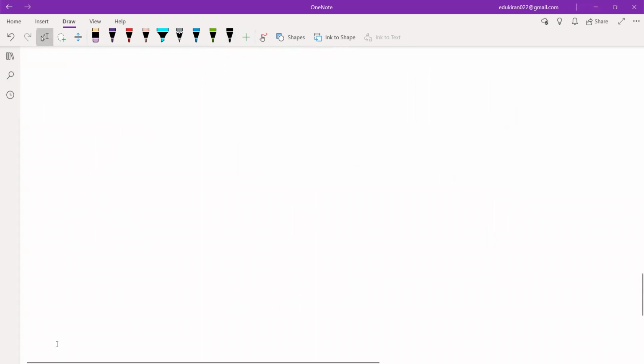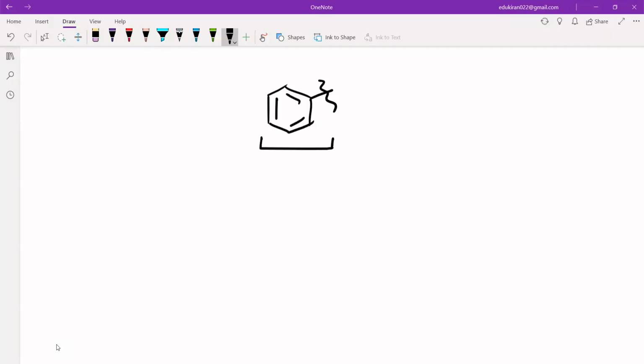Something that you need to learn is the most stable carbocation. One side note: if a benzene ring is attached to any R group, then this benzene ring is known as the phenyl group. The subsequent name for benzene is phenyl. And you will ask, why phenyl, not benzyl?